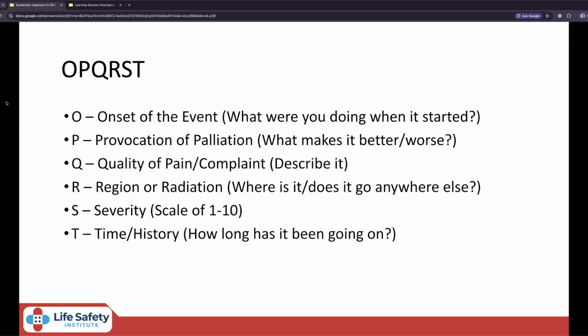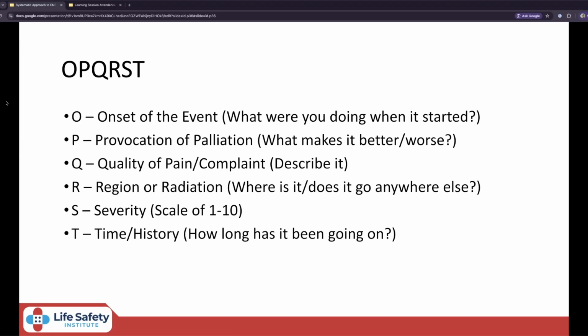Severity, on a scale of 1 to 10, how bad is it? So on a scale of 1 to 10, 0 being no discomfort at all, 10 being the most unbearable discomfort, how would you rate this? Right? And let the patient, in their own words, rate how severe it is. Then time and history. How long has it been going on? Right? So the onset, what were you doing?